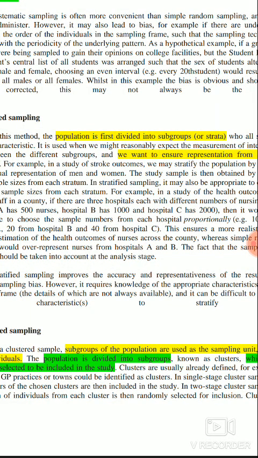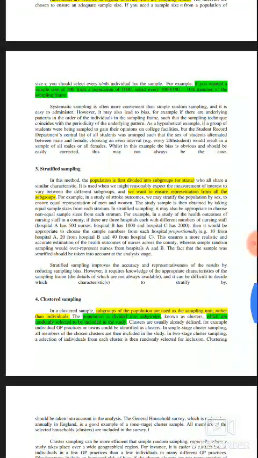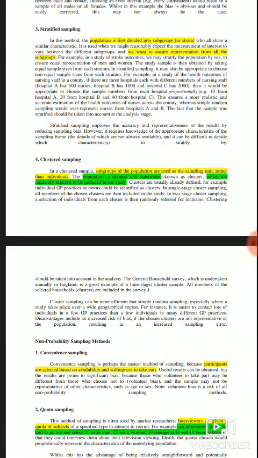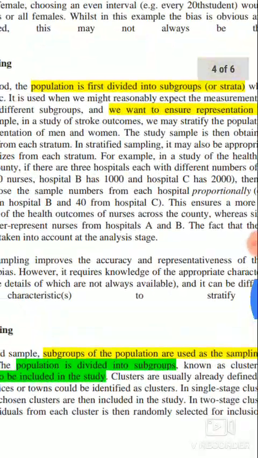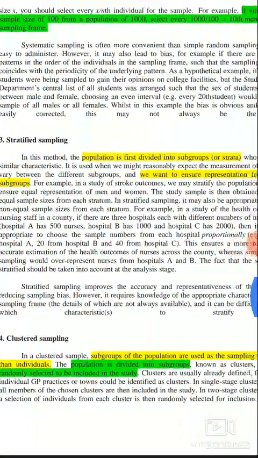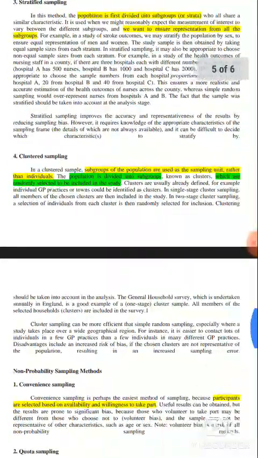Stratified sampling means the total population will be divided into different strata. Strata means groups. From each group, the researcher has to draw some number of respondents as a sample, which is called a stratified sample. And the last one in probability sampling is cluster sampling. Cluster sampling is like stratified sampling, but in stratified sampling we take a sample from each stratum, whereas in cluster sampling the total population is divided into clusters.